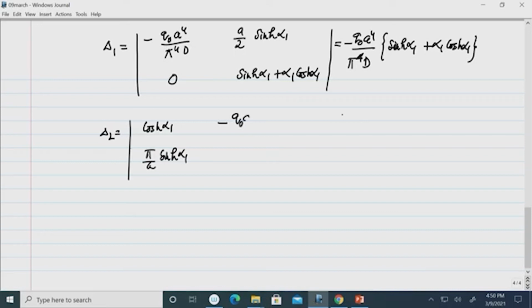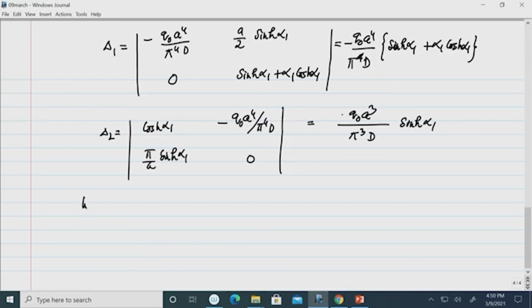So, q naught a to the power 4 divided by pi to the power 4 d, and this is 0. After expanding you will get this term as q naught a cubed divided by pi cubed d sinh alpha 1. Okay. So, we got delta 1 and delta 2.